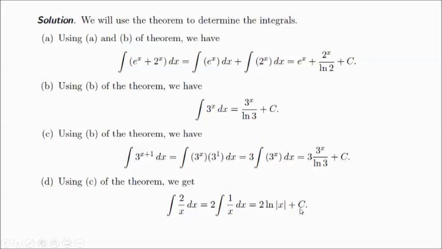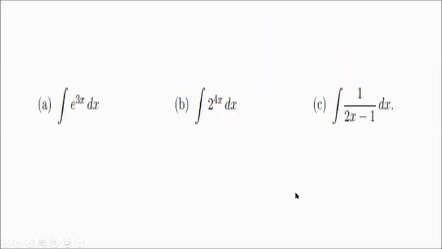Okay? Then add plus c. Okay. So this one, class, we will discuss using integration by substitution. Okay? So we will go over these examples later on. Because we need to discuss integration by substitution.